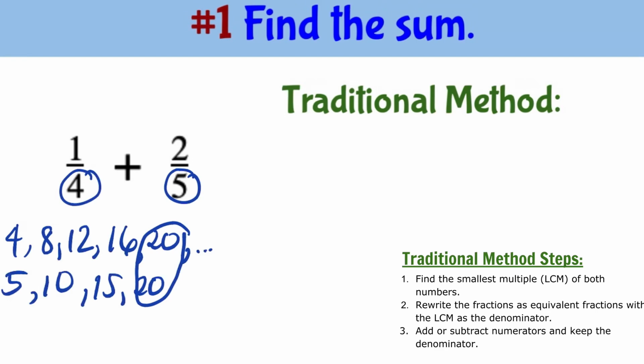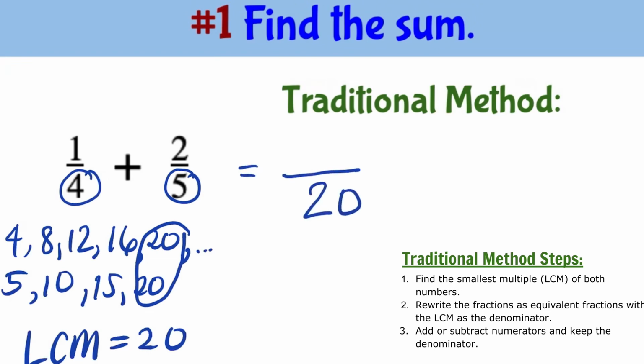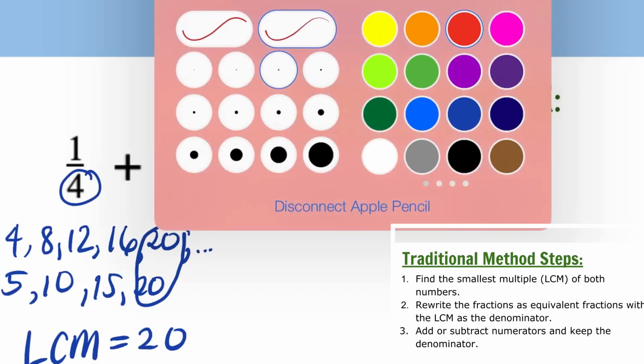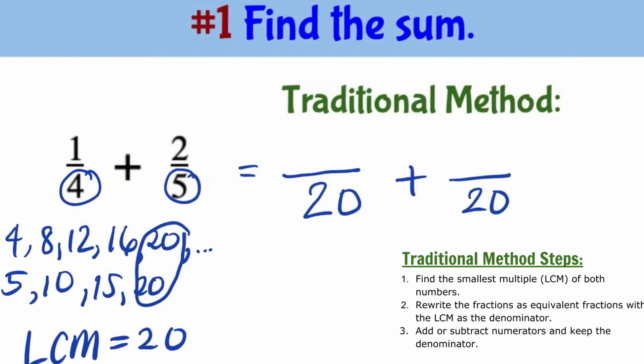Using the LCM 20, the next thing we need to do is rewrite the fractions with denominator 20. The first fraction has a denominator of 4, so to get 20, we need to multiply it by 5.